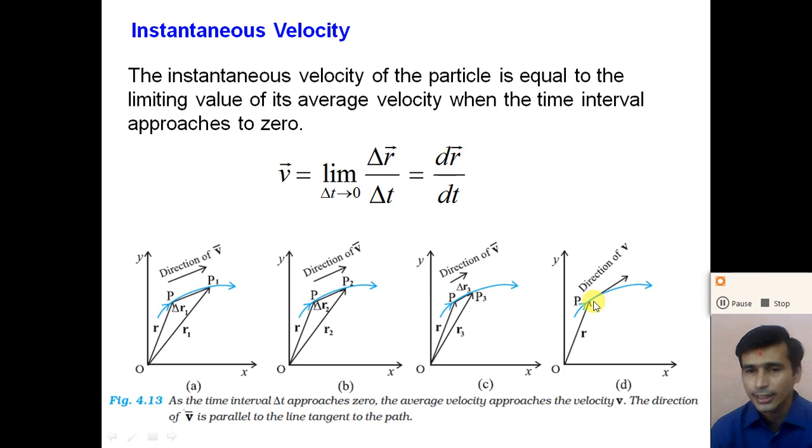So the tangent drawn at any point on the curve gives the direction of the instantaneous velocity at that point.